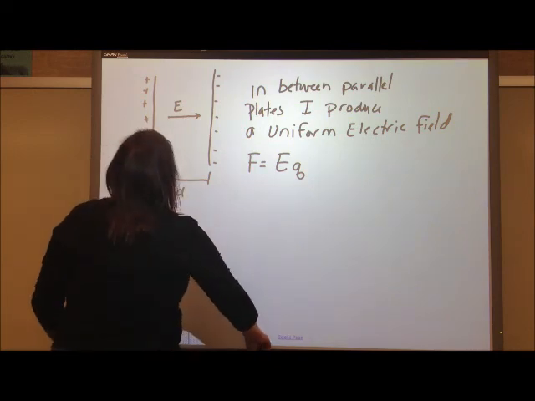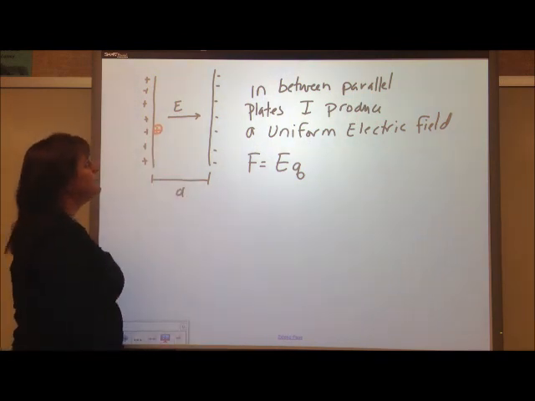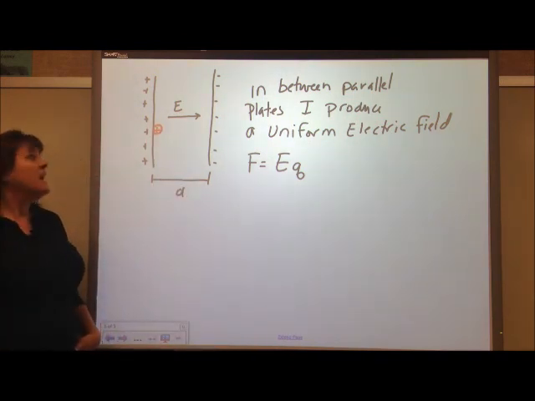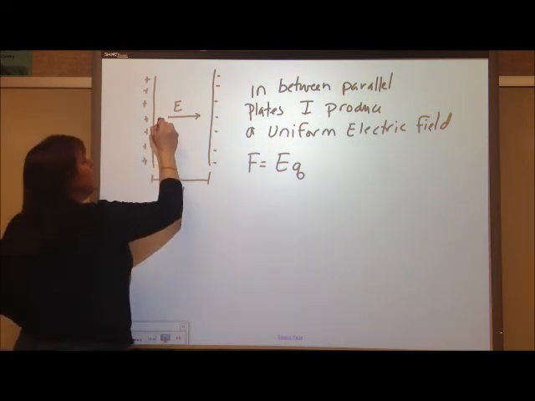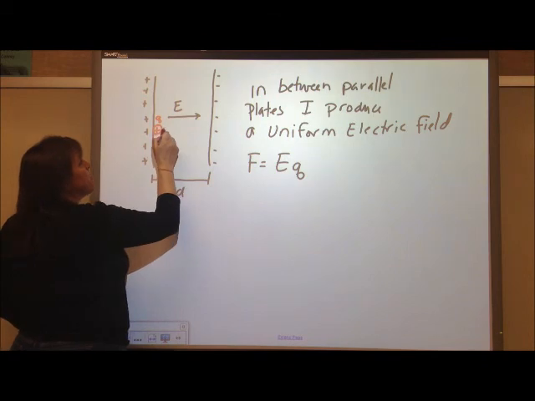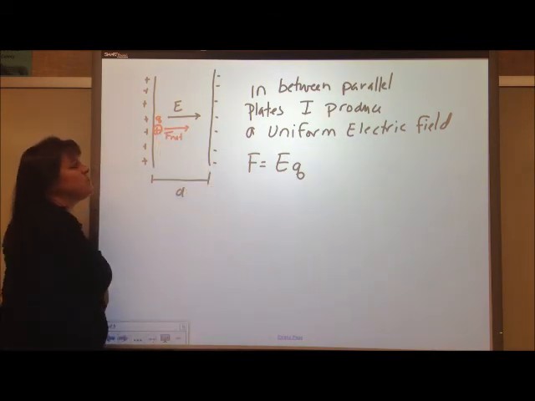So if, let's say, I put a positive charge in this parallel plate, what's going to happen to it? It's in an electric field, it feels a force. I put this charge here, magnitude Q, it feels a force, and the force that it feels is in that direction.